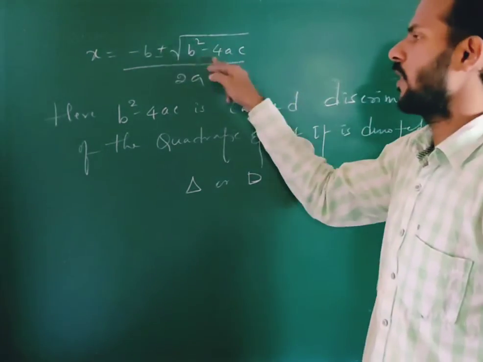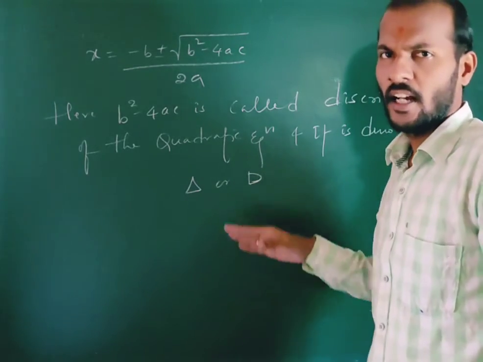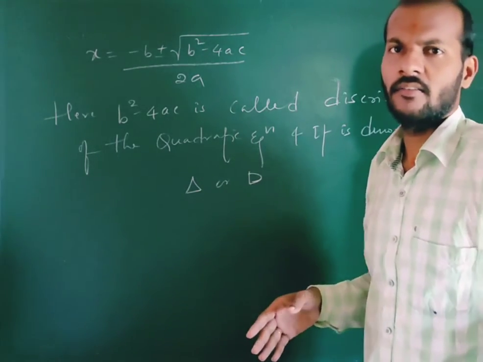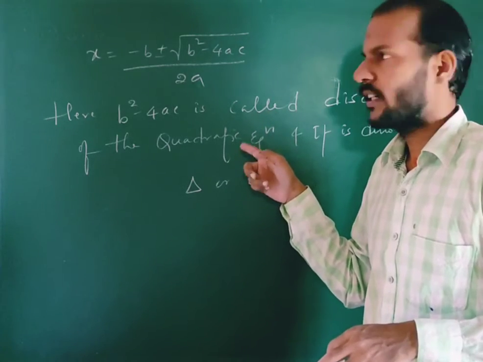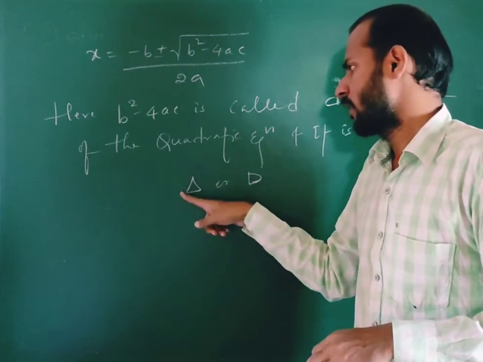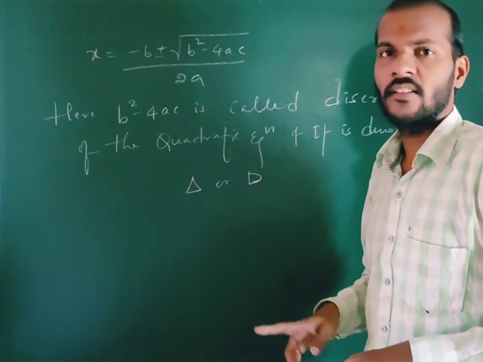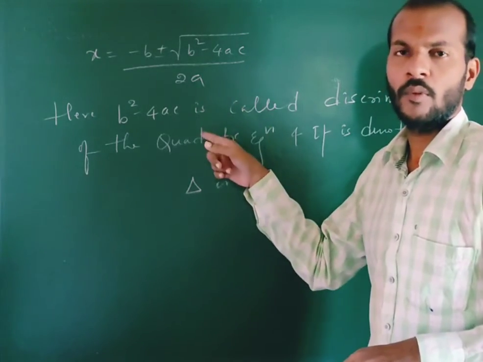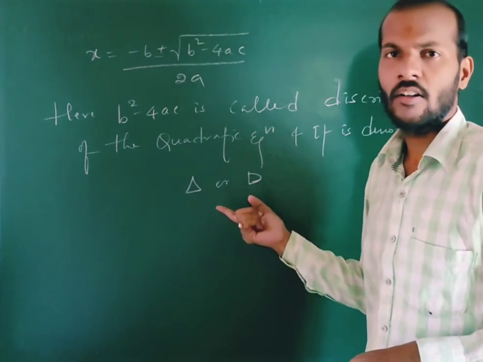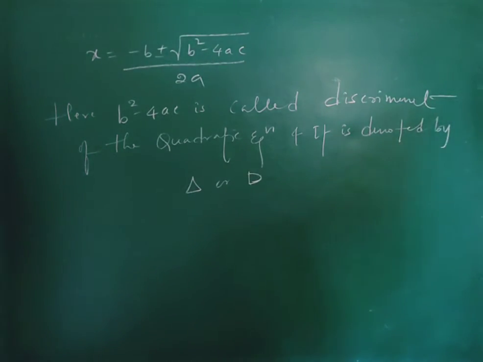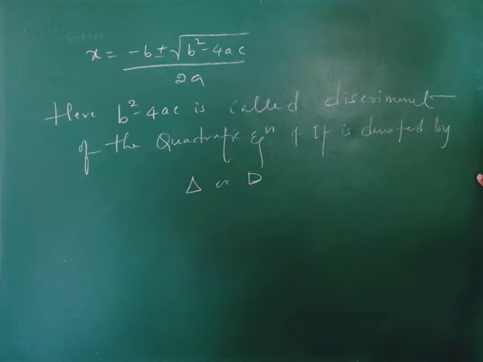This term b square minus 4ac, I have mentioned in my earlier classes when we started complex numbers. Similarly now also, the term b square minus 4ac is nothing but the discriminant of this root formula, denoted by delta or D, right? Here we have three cases.